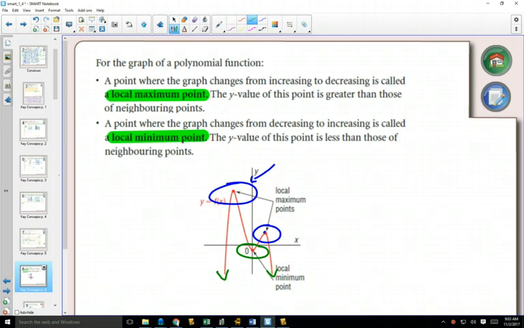So when you get into calculus, these points become very important because maximums and minimums on graphs have huge importance. If you have a graph that's looking at profit, and depending on your sales you're making different profits and different costs, you want to find that maximum point because that represents when you're making the most profit.